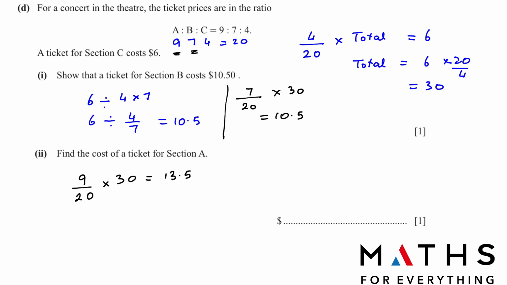You can use the second method or you can use the first method. In the first method, we got the cost of the C section, which is 6, divided by how many parts of C? 4. And how many parts of A? 9. This will also give you 13.5.